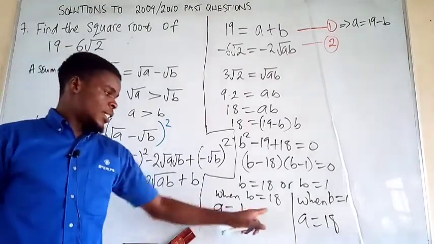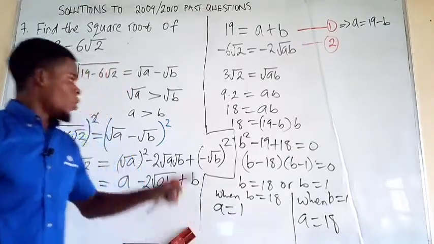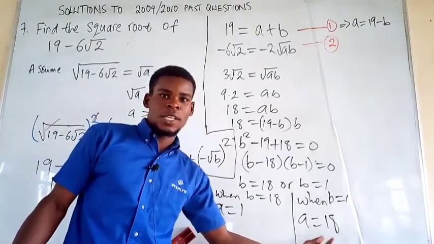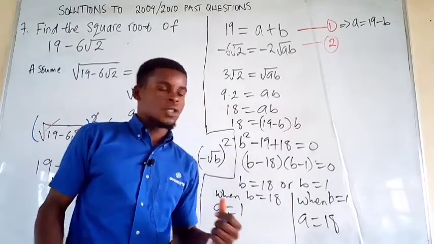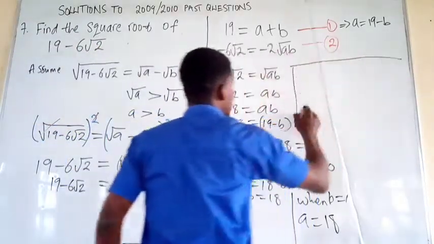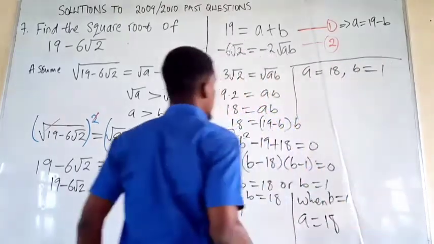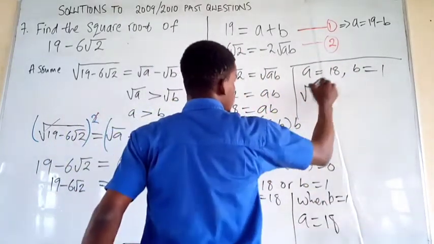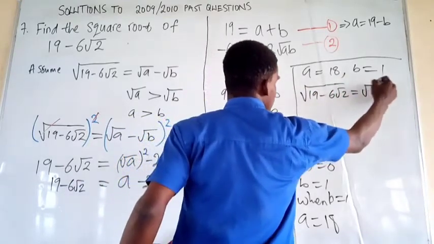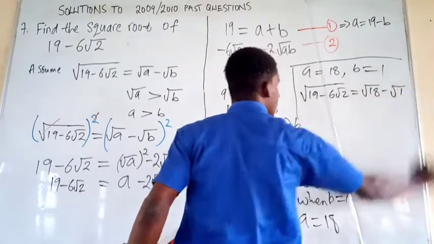When b is 18, a will be 1, meaning that a is going to be smaller than b. But we didn't want that. So we're going to take the other one, that when b is 1, a will be 18. So finally, a is equal to 18 and b is equal to 1, so that the square root of 19 minus 6 root 2 will now become the square root of 18 minus the square root of 1.